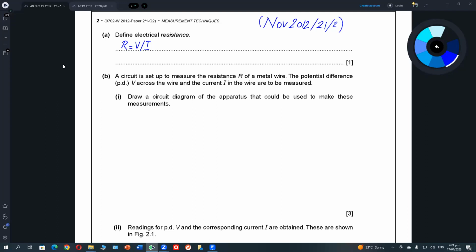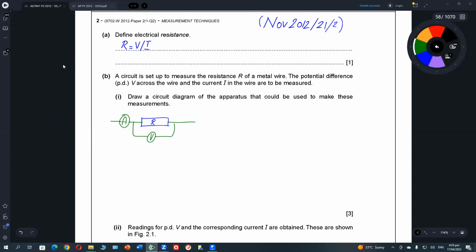Ammeter always comes in series, and voltmeter always comes in parallel. So this is a circuit.